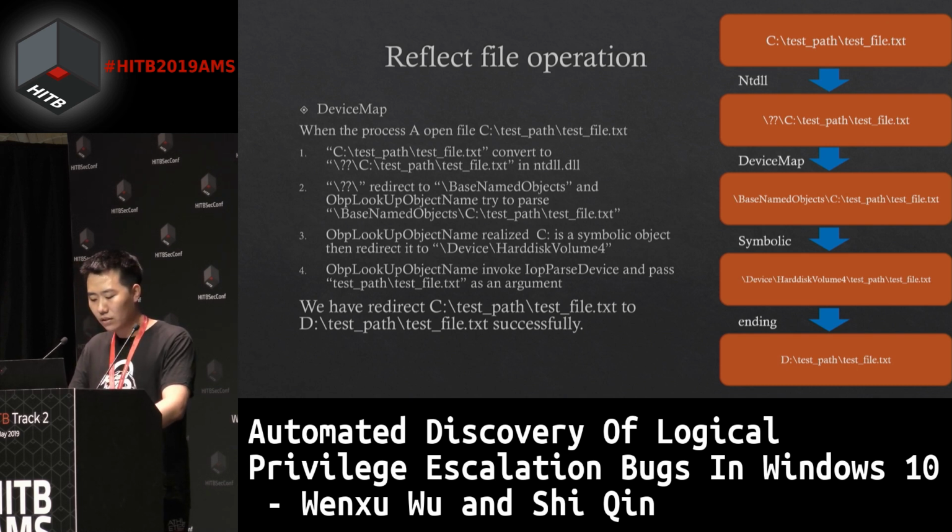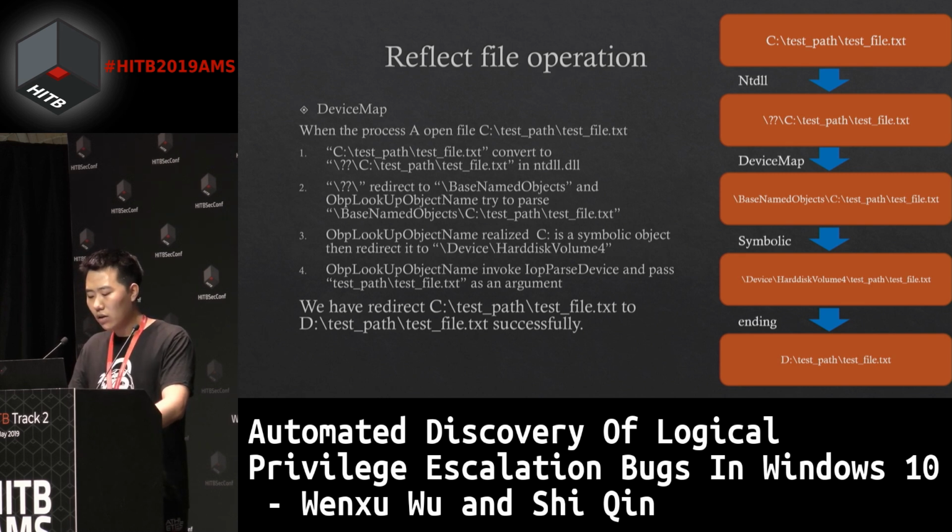Secondly, double question mark is redirected to base named objects by device map. And the OBP lookup object name function tries to parse base named objects C test path test file.